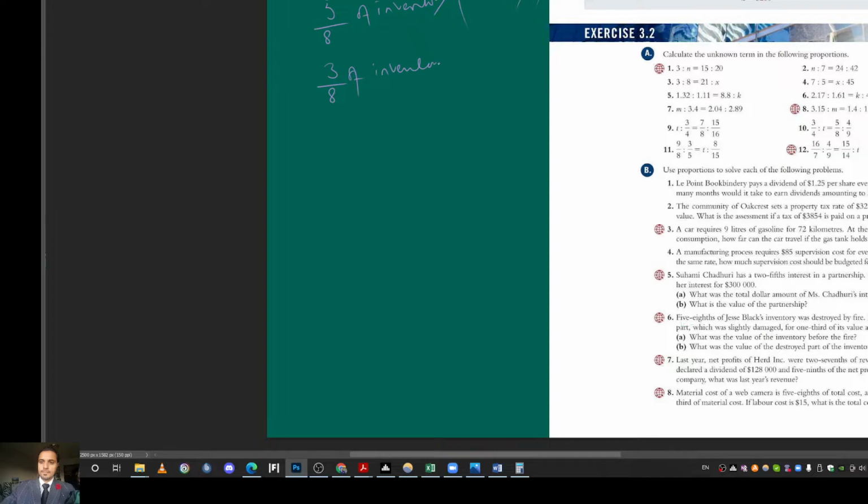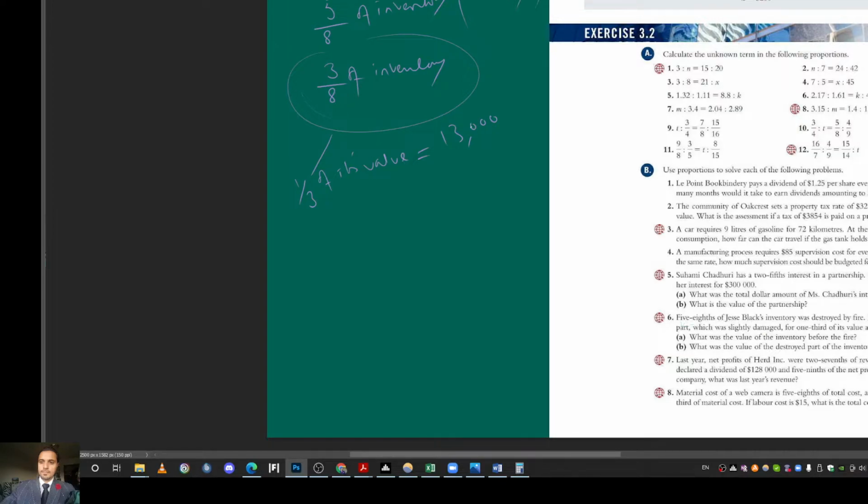He sold this for how much? 1/3 of its value. So what is 1/3 of its value? That is given, which is 13,000. So 1/3 of the value of what? 3/8 of the inventory, the remaining inventory that didn't get burned.